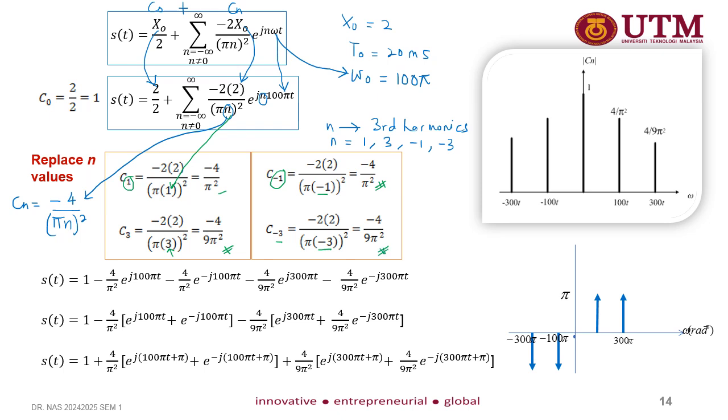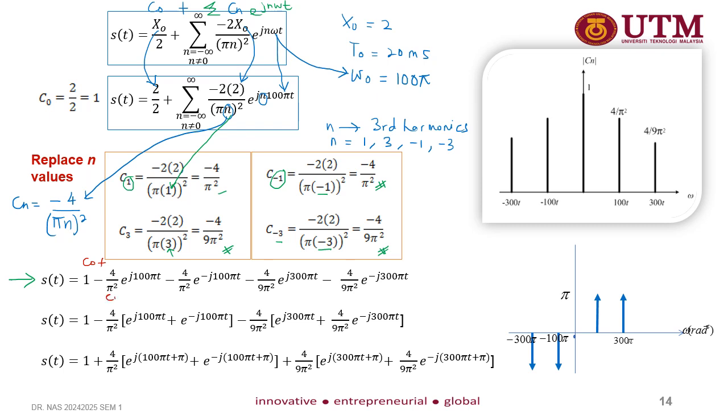The last step is to write down the complete Fourier series equation in exponential form. Remember, the basic equation is C0 plus the summation of Cn e^(jn omega t). So this is your C0, plus C1. Supposedly plus, but your C1 is negative.